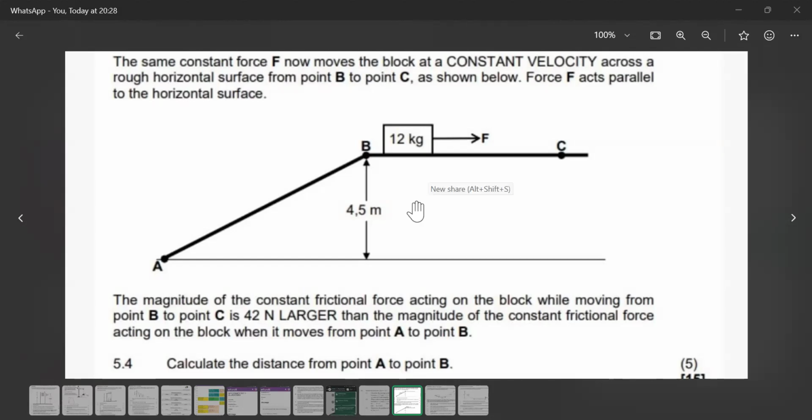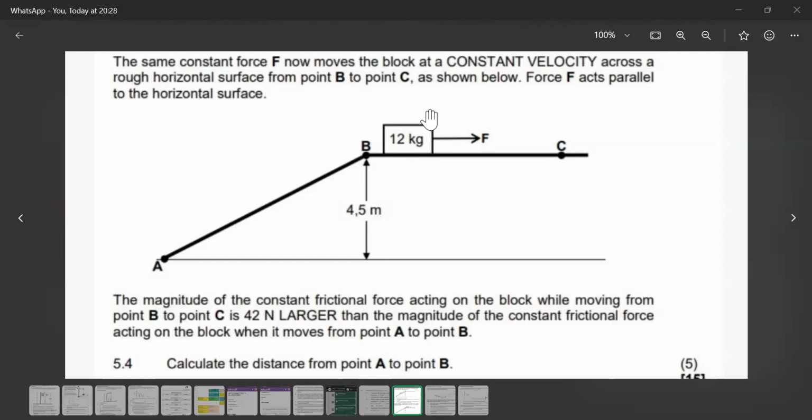And they also say that the frictional force when the block is moving from B to C is 42 newtons larger than when it is moving from A to B. What does it mean? It means we have added 42 newtons on top of the frictional force that we already had.